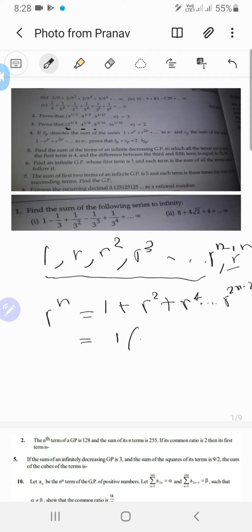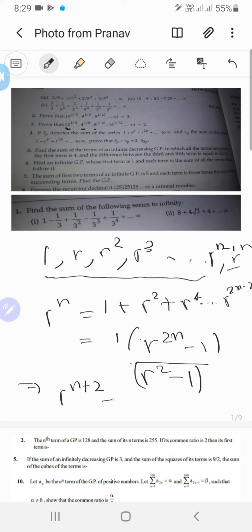How many terms are there? N terms. So it's supposed to be r to the 2n minus 1 upon r squared minus 1. So what can we get from that? Well, you can get that r to the n plus 2 minus r to the n is supposed to be equal to r to the 2n minus 1. Not sure how that helps.